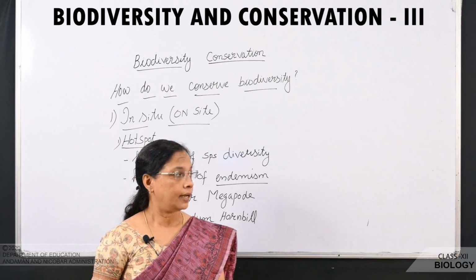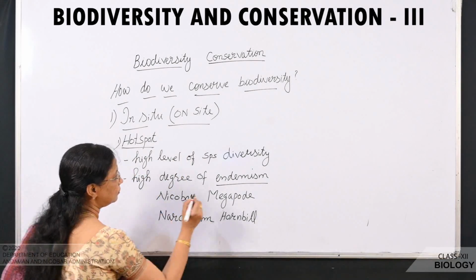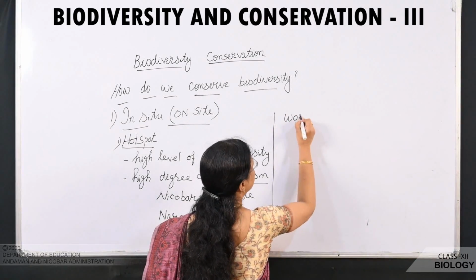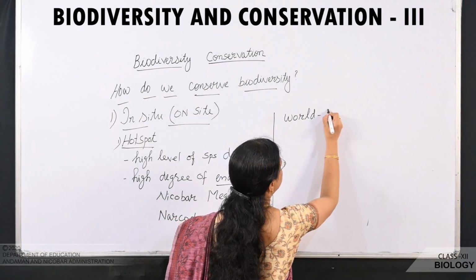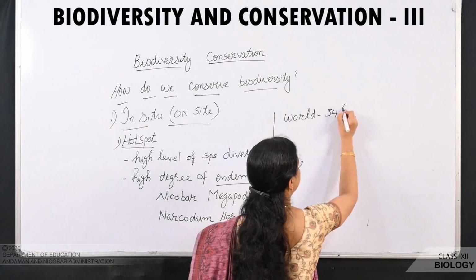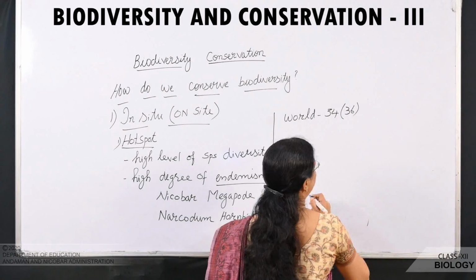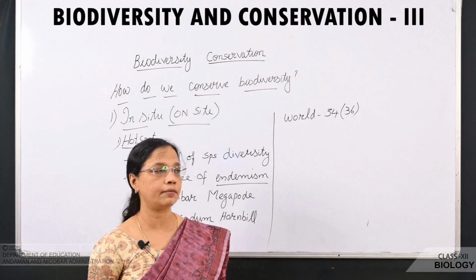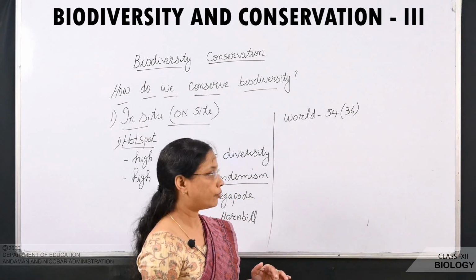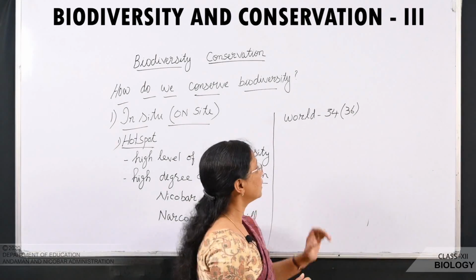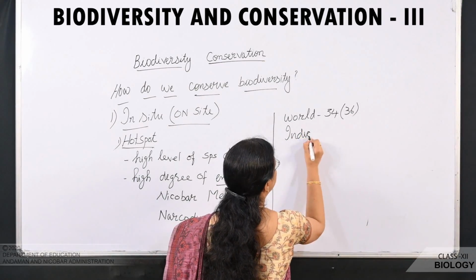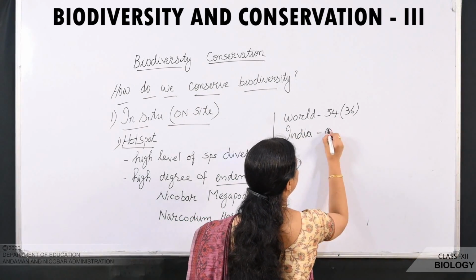In the world, you can see 34 hotspots. According to the present list, there are 36 hotspots. In your NCERT textbook, it is given as 34. So if you write 34, then also you'll get marks. In India, you can see 3 hotspots.